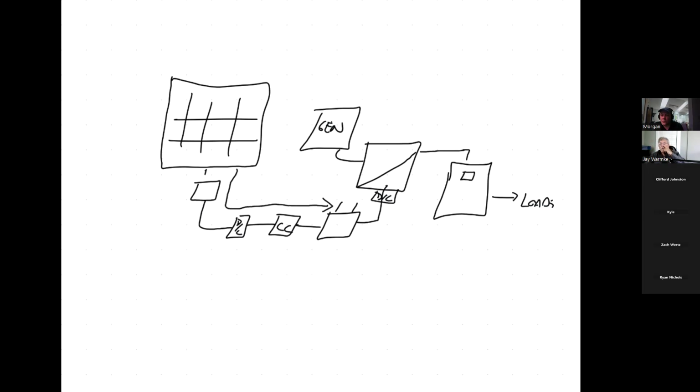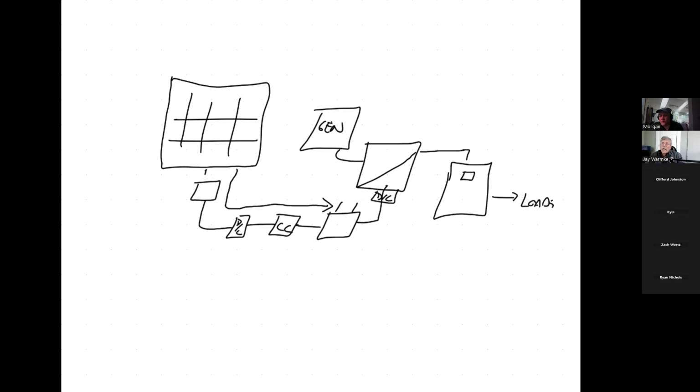Now, if there's no load dump, what happens when the battery is full? Well, the charge controller just turns it off, right? The array is sitting there, capable of charging your batteries, but it's not, because there's no load to fill.